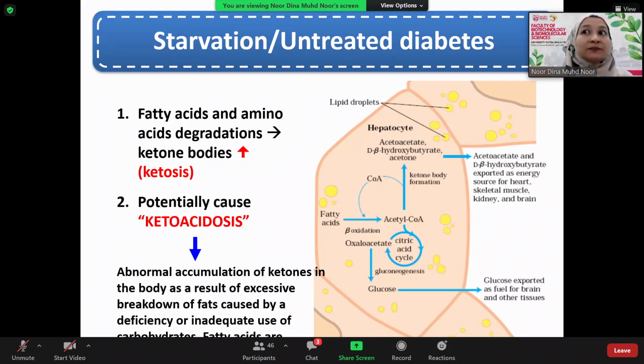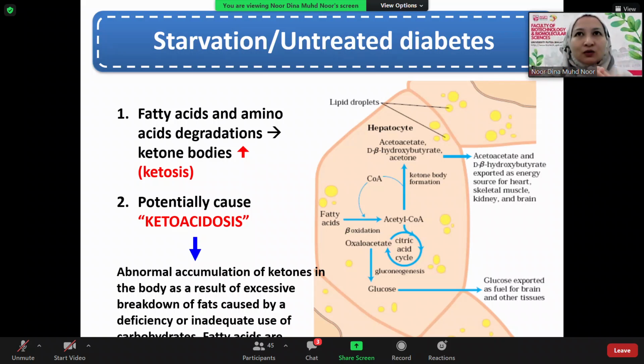Ini akan menyebabkan the main source of carbohydrate or glucose tidak akan digunakan. So what happened? The glucose in the blood is going to accumulate. It's going to be very high. That's why this is related to diabetes type 1. Diabetes type 1 patient.